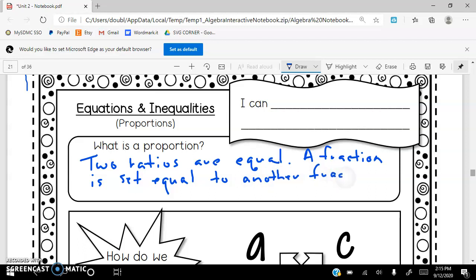So at the end of this topic, you should know how to solve proportions using cross multiplication.